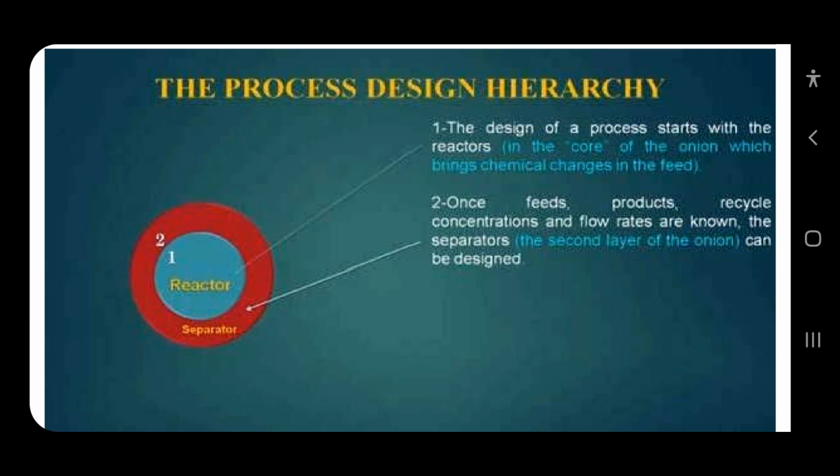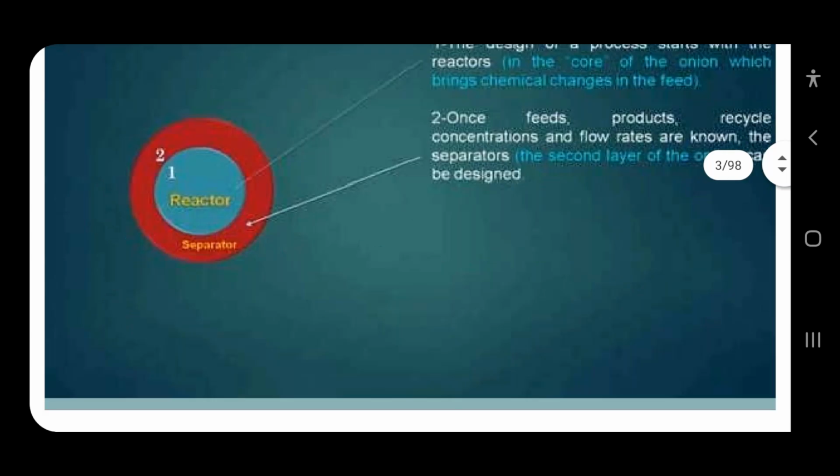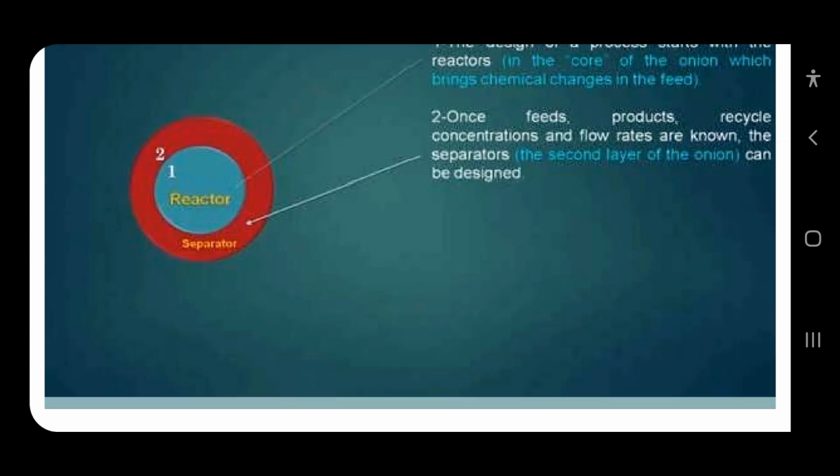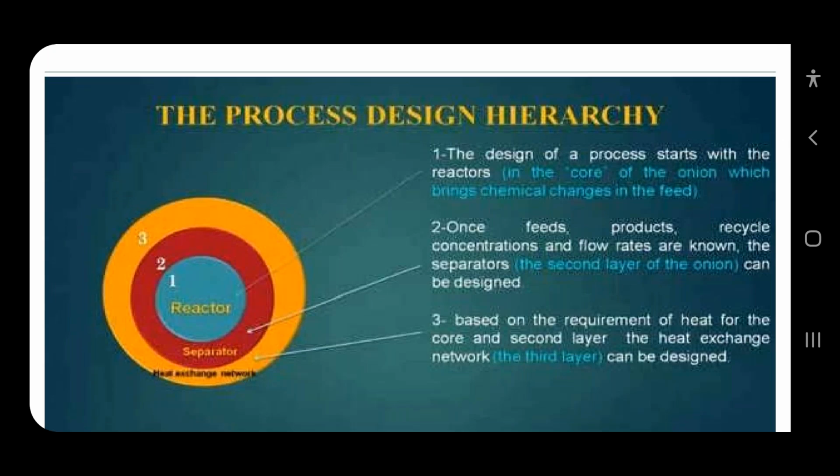The next, the network, the third layer can be designed. The remaining heating and cooling duties are handled by the utility system. The third part, based on the requirement of heat for the core and second layer, is the heat exchange network, that is the third layer.